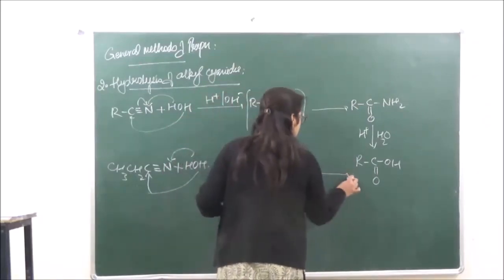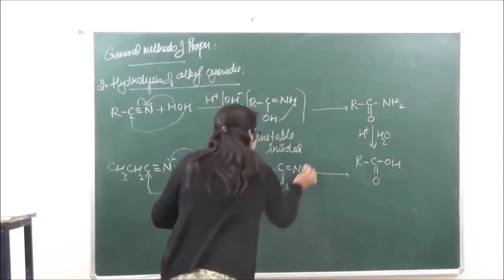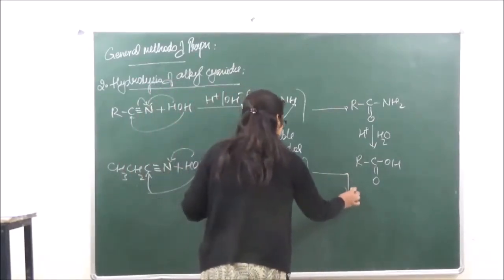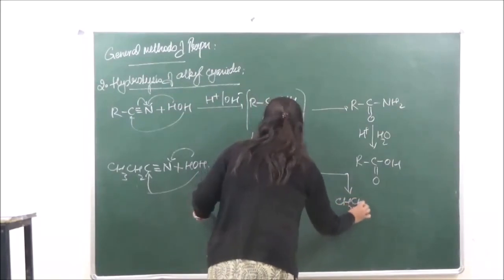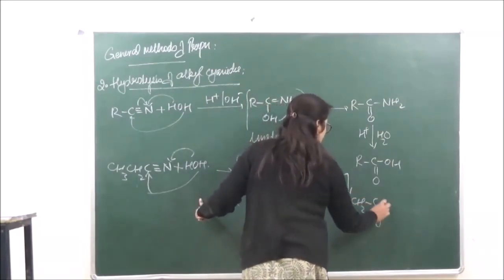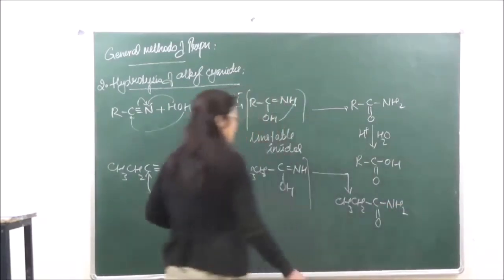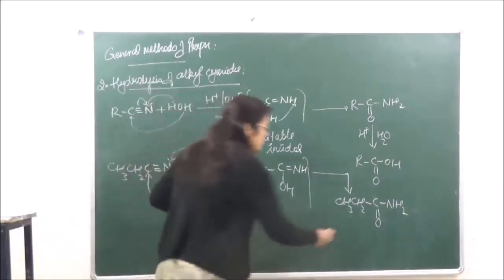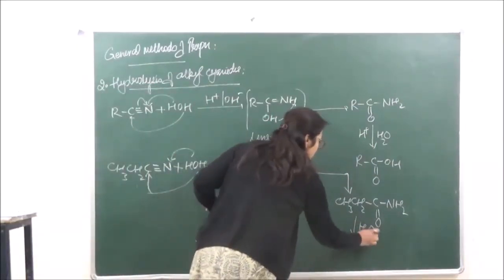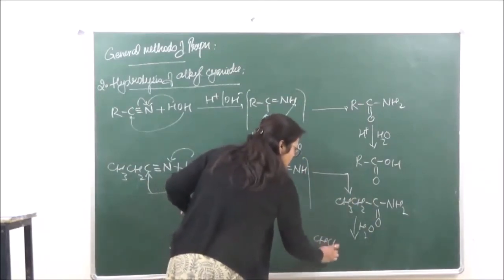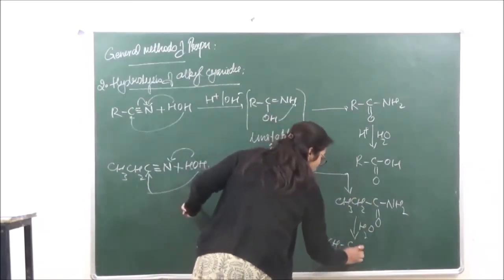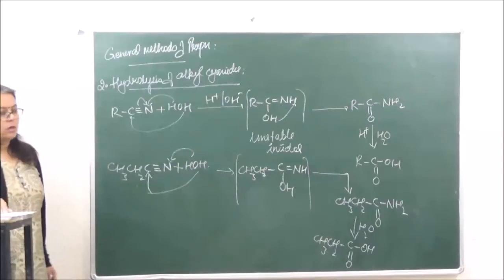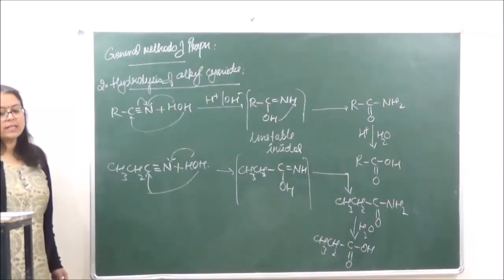Now, rearrangement of this is going to take place to give us the respective amide. So we have CH3CH2C=O and NH2. Right? And the hydrolysis of this is going to give us an acid, CH3CH2C=O and OH. Okay, so this is the reaction.